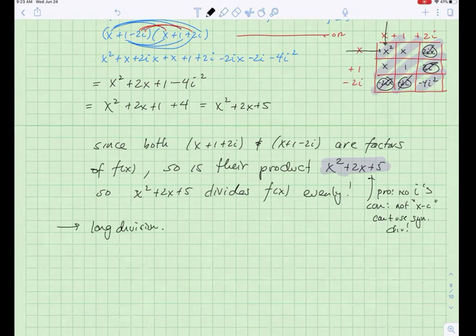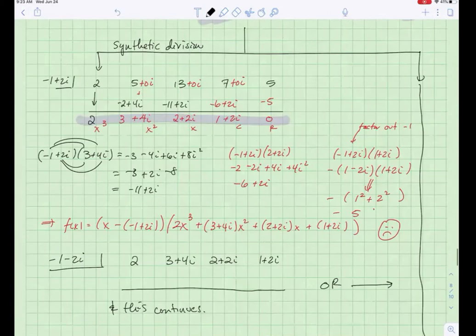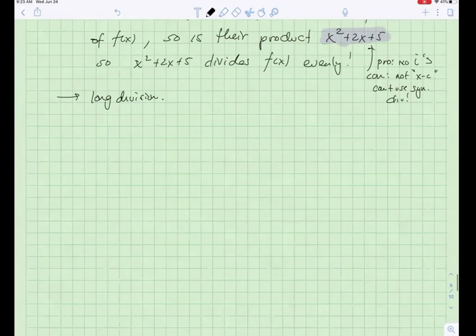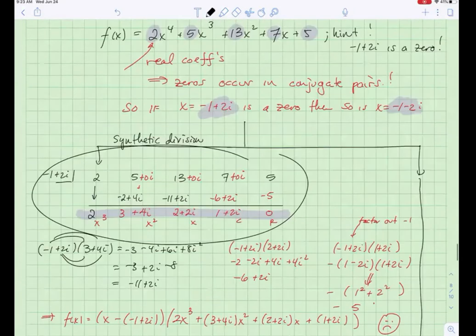In terms of which one to use here, it boils down to how complicated you think complex synthetic division is versus long division with real numbers. So we have x squared plus 2x plus 5 dividing into the polynomial, though I don't even remember what it was. It's been so long now.